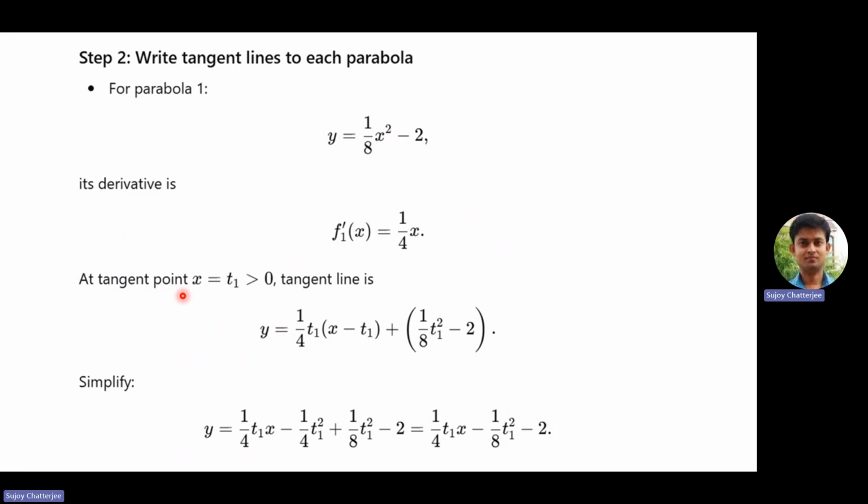at that point it will satisfy this expression, y is equal to 1 by 4 t1 into x minus t1 plus 1 by 8 t1 square minus 2. That means we are simply substituting x with t1.